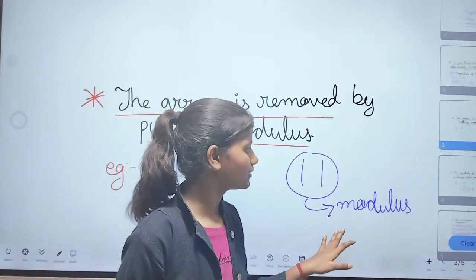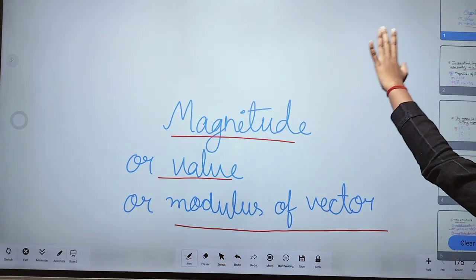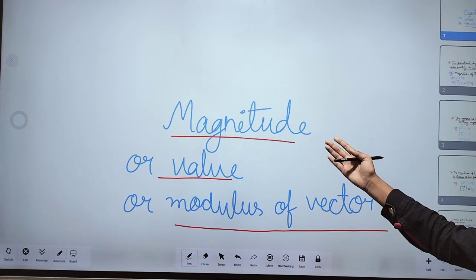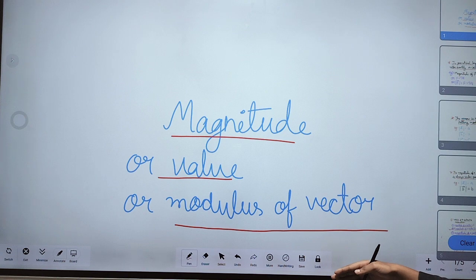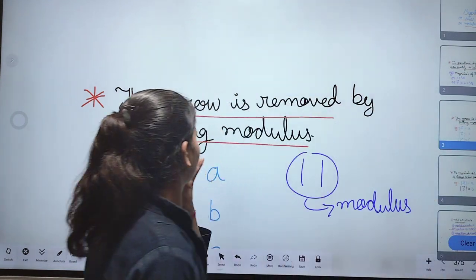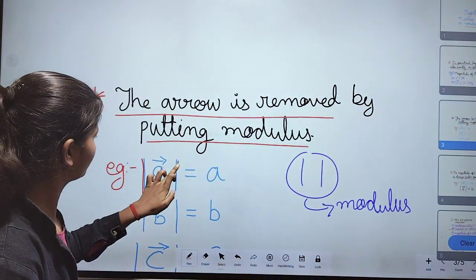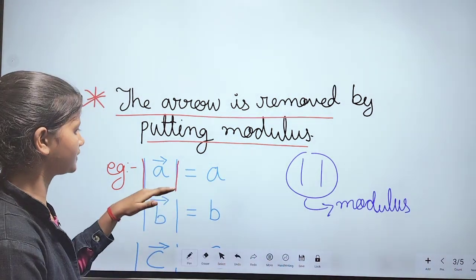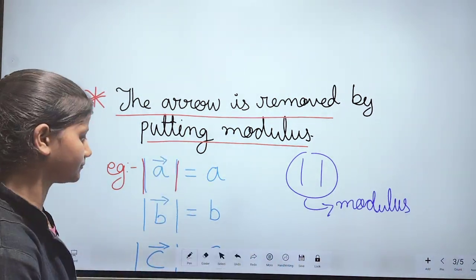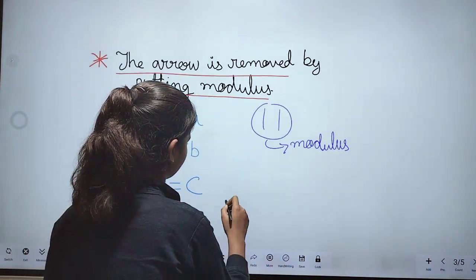This is modulus. You can also say magnitude, or modulus of a vector, or value. The arrow is removed by putting modulus. There are many examples of this.